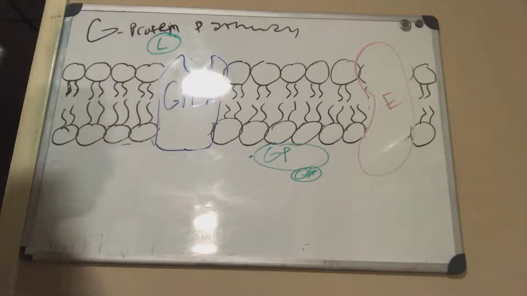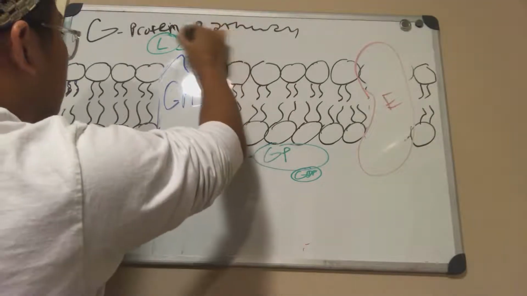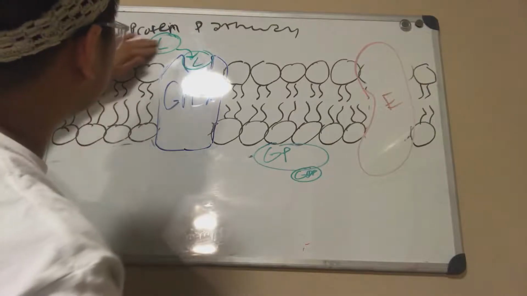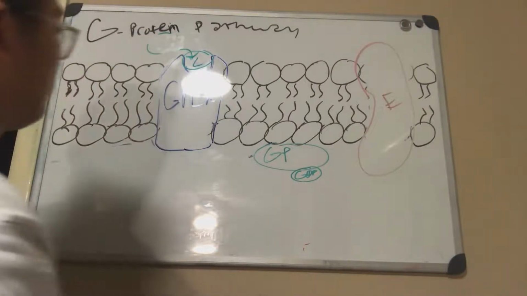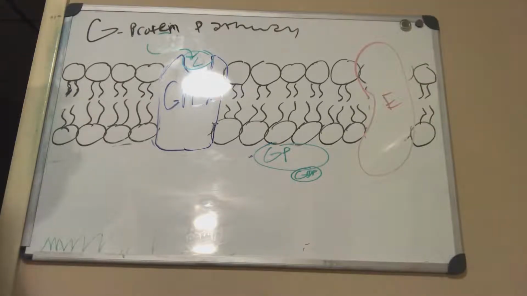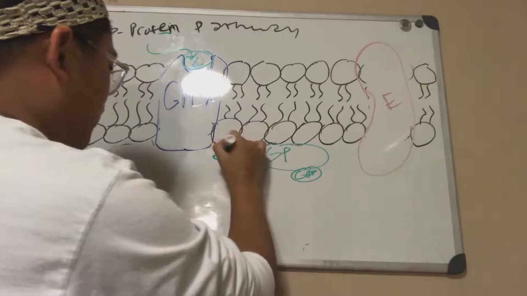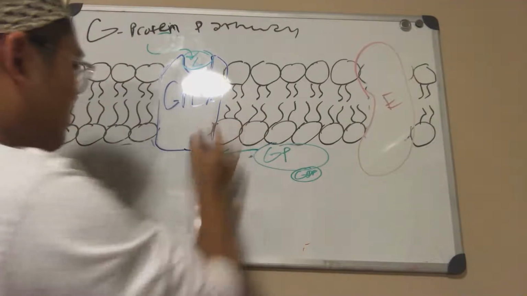This is the signaling molecule we were talking about earlier. Once it attaches to the receptor, it changes the shape of the receptor, which brings it from an inactive to an active state, and that causes this G protein to shift on over and attach to it.